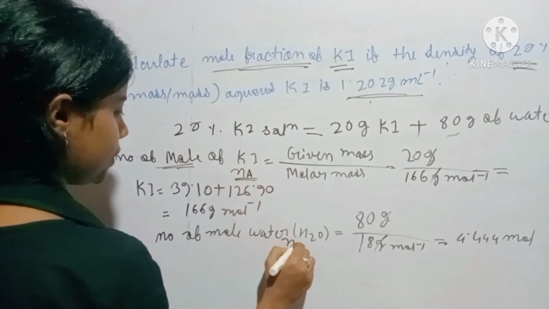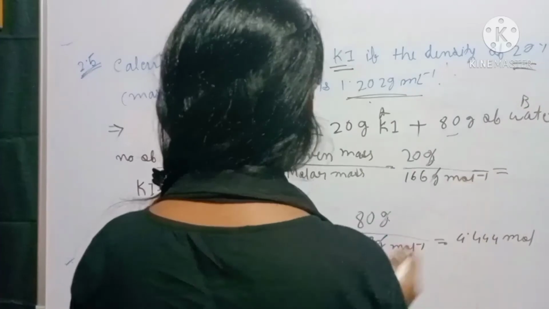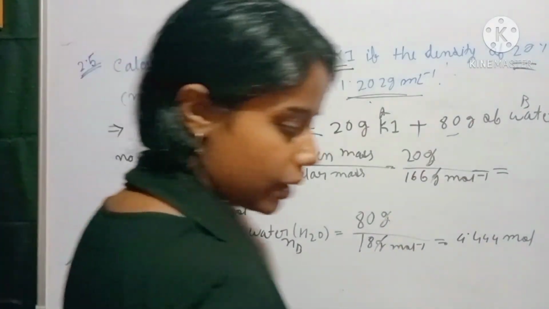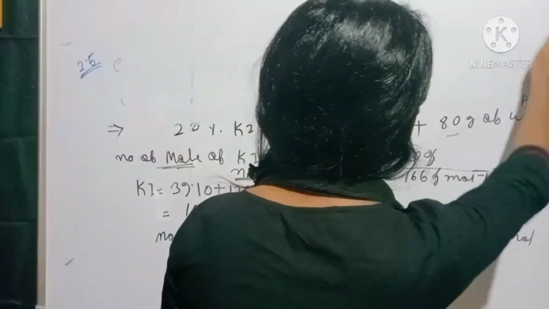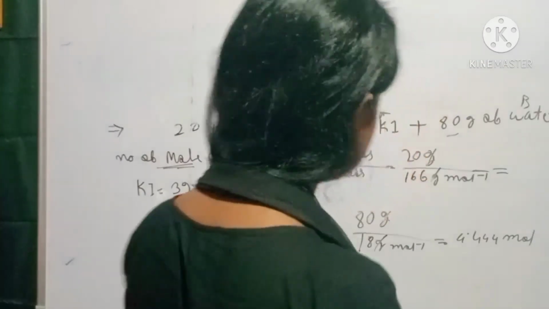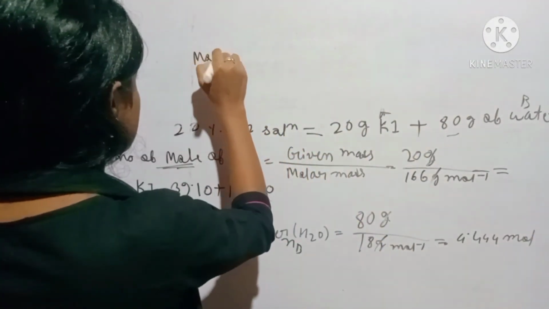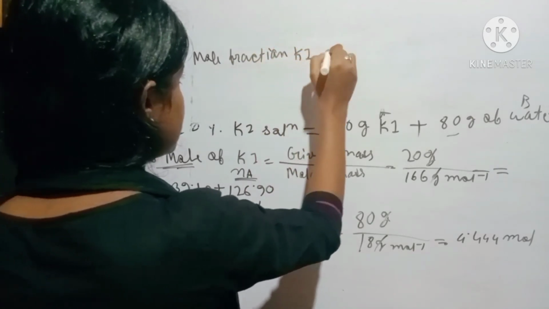KI is taken as A and water is B, so we have nA and nB. Now we have to calculate the mole fraction of KI only. No need to calculate it for water. Mole fraction of KI, KI means A, so it's XA.